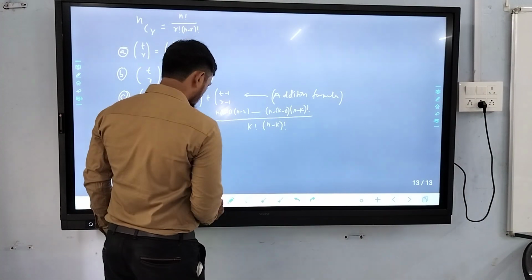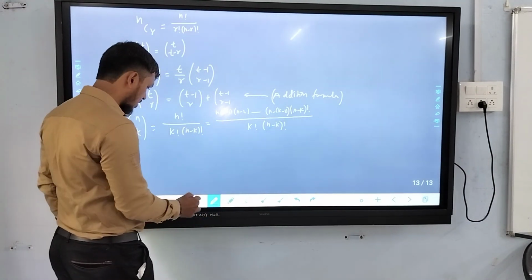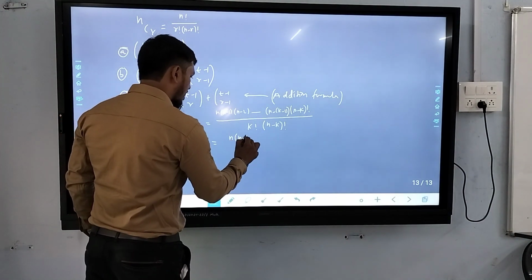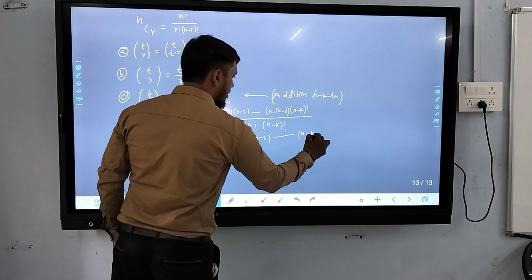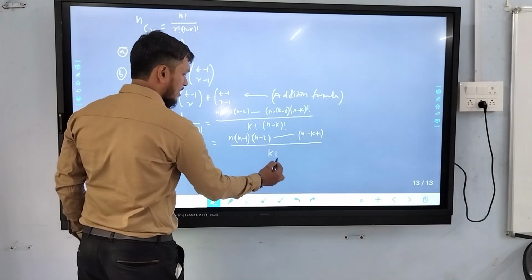Now this n minus k factorial will cancel with this n minus k factorial. So the remaining terms are n minus 1, n minus 2 and so on, n minus k plus 1 upon k factorial.